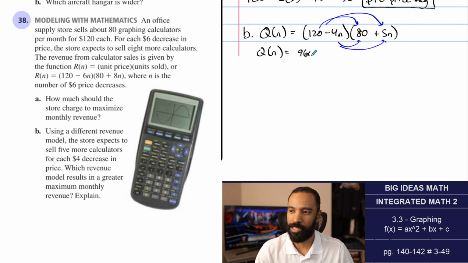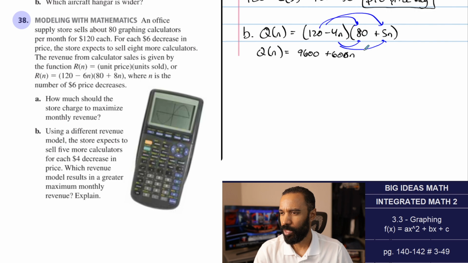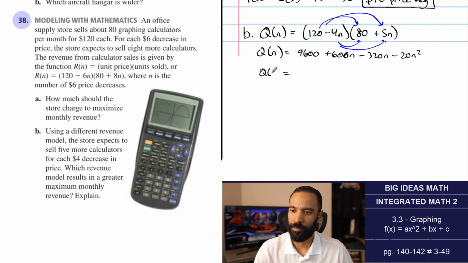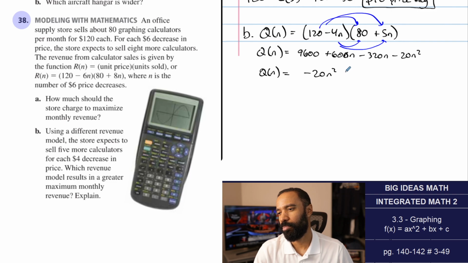And we're going to get Q of n. So that's 9,600 plus 600n minus 320n minus 20n squared, which is negative 20n squared plus 280n plus 9,600.